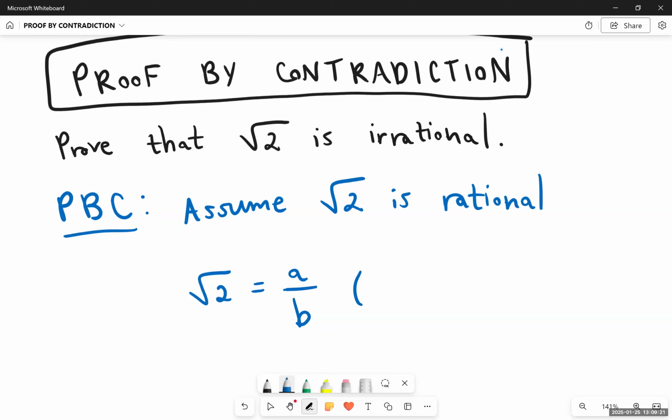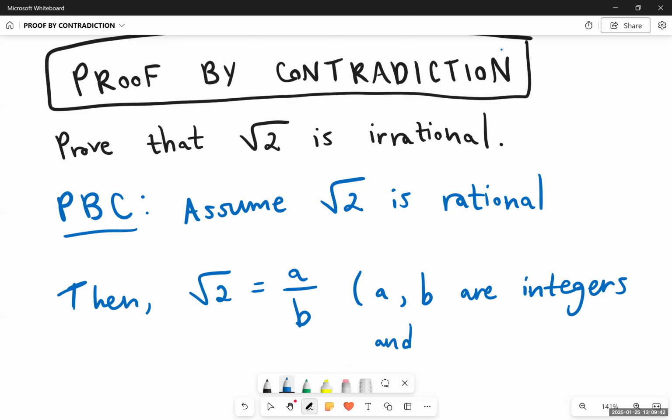So, right, this is the following conclusion from the first line. Root 2 is two numbers a over b, where a and b are integers. And a over b is in simplest terms.